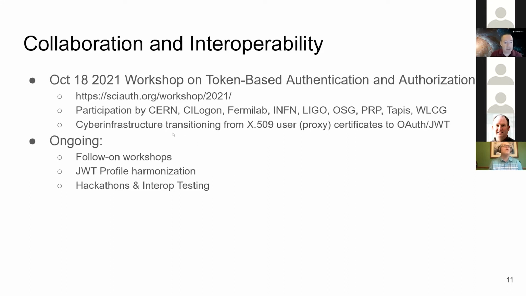And we'll have participation by CERN, Fermilab, LIGO, and others on Monday, picking up the conversation that we're having right now. And it's all about how do we maintain reliability and interoperability as we do this transition from X509 user proxy certificates to OAuth and JWTs.